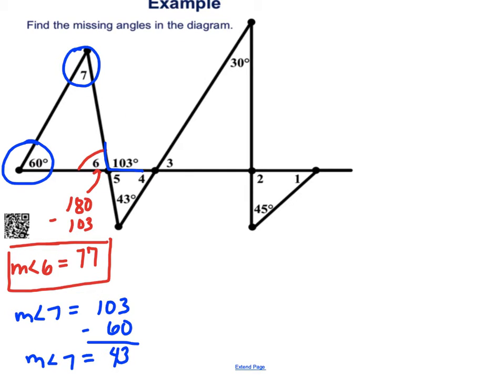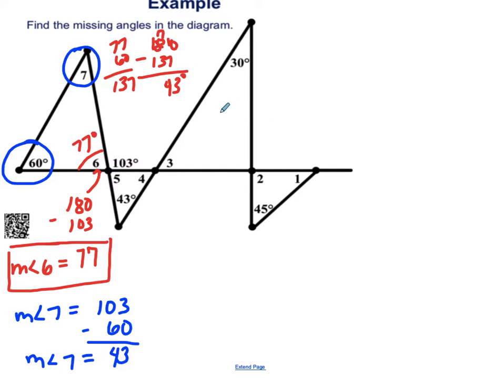Now let's use a different theorem, the triangle angle sum theorem. We know that angle 6 is 77 degrees. If I add 77 and 60, I get 137. And if I subtract 180 minus 137, I get 43.